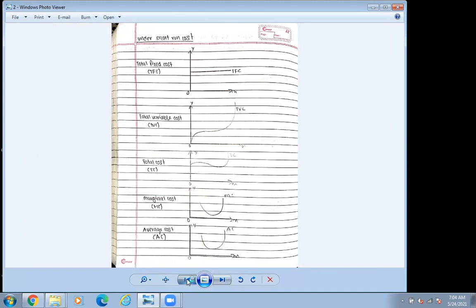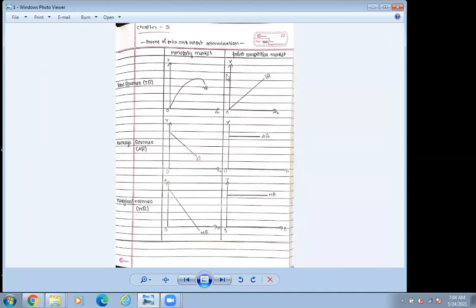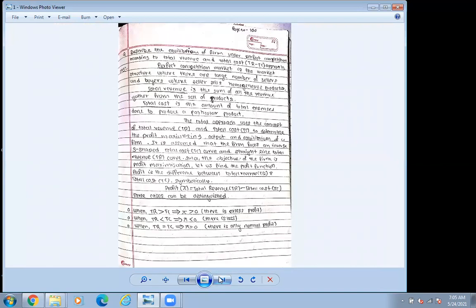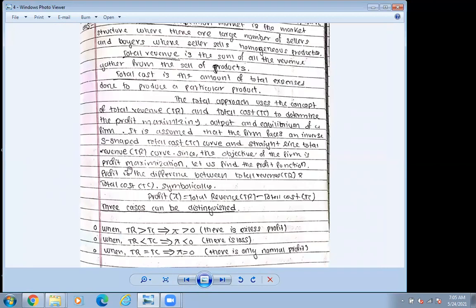TC is going to be S-shaped, whereas TR in case of perfect competition market is going to be sloping upward at 45 degree. So it looks like this, and here it is S-shaped. We can see that in that figure. If we draw the 45 degree slant and the S-shape like this, we can get the value. So let us learn this one first.